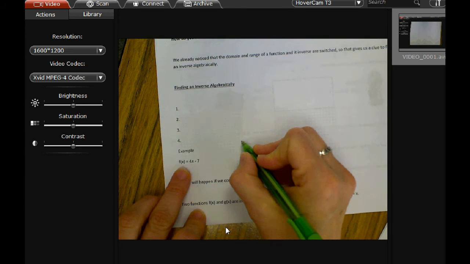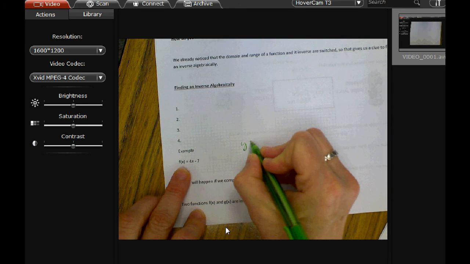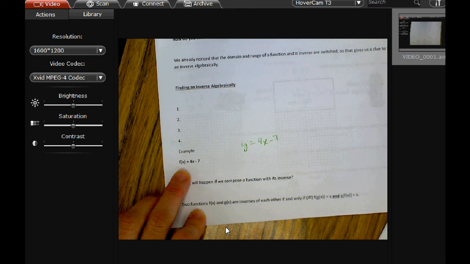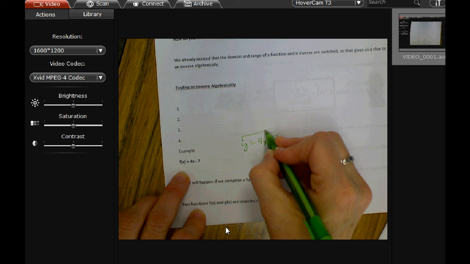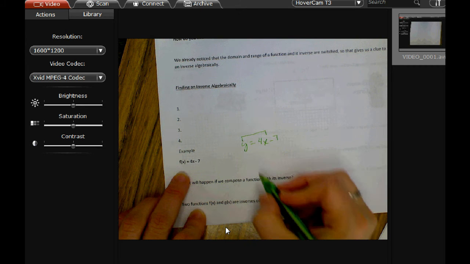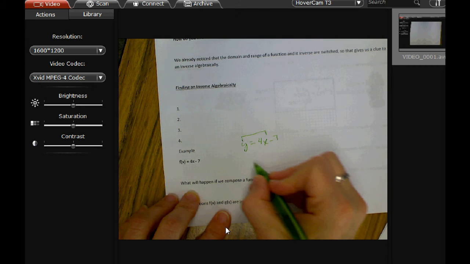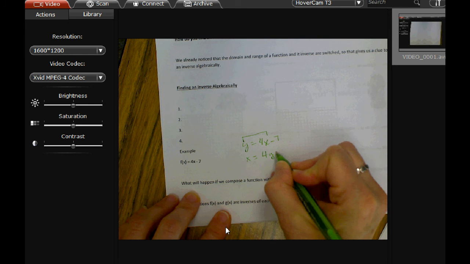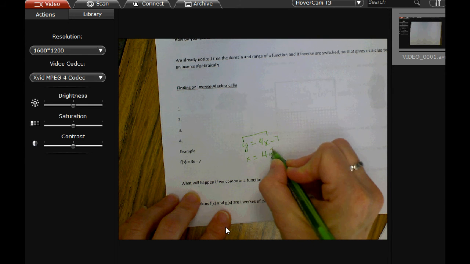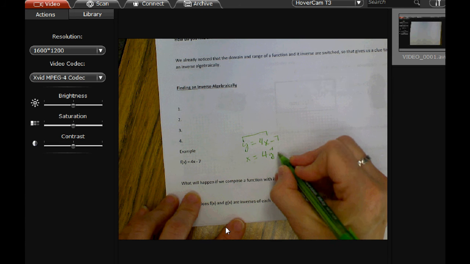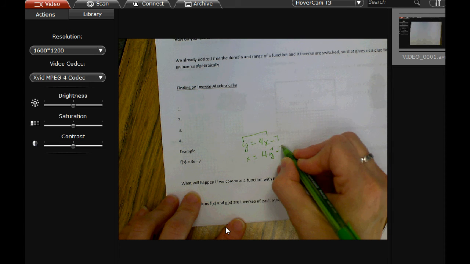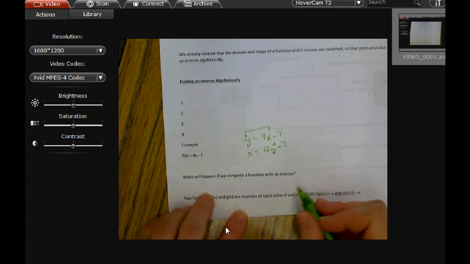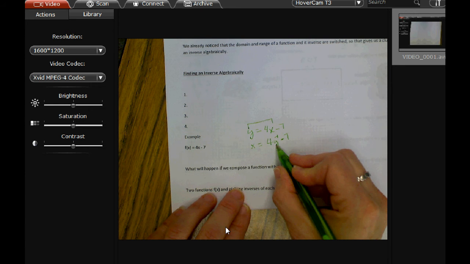F of x is my y, so this says right now y equals 4x minus 7, and then I am switching my x and y, so my new equation is going to say x equals 4y, or y inverse, sometimes you'll see, showing that it is the inverse equation, minus 7. Physically switch those two letters. Then you're just solving for this y inverse.